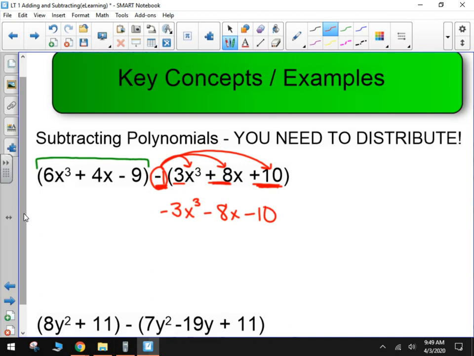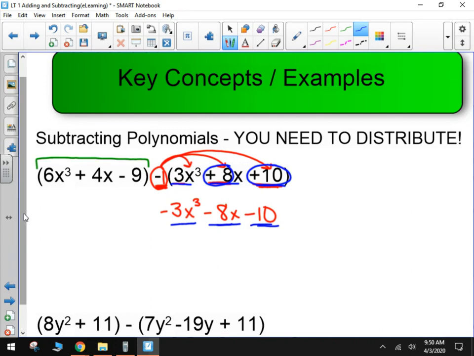I want you to take a second and look and see what happened with the sign in front of these numbers and how it changed here. So hopefully you saw that the signs just become the opposite. This was a positive 8 and it became a negative 8. This was a positive 10 and it became a negative 10.